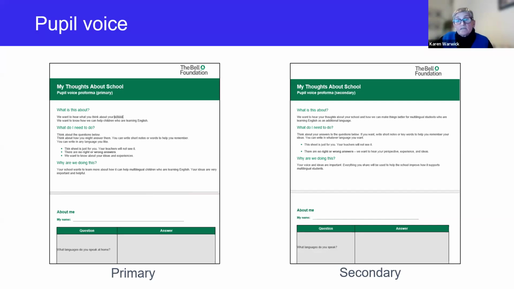The pupils can use these to make notes in whatever language they prefer. You could also translate these into the learner's home language if needed, using a translation tool. Of course you can use the prompts provided on the form, or you may choose to add and adapt your own.